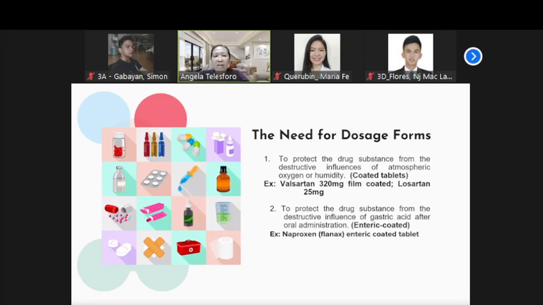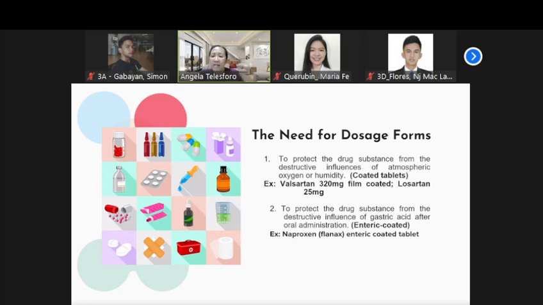Another is to protect the drug substance from the destructive influence of gastric acid after oral administration. We have drugs na pag ininom natin, once they get into the GIT, especially sa stomach, ang kanyang side effect is hyperacidity.